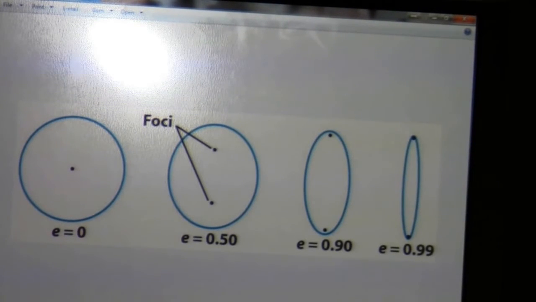Now these eccentricities, 0.5, 0.9, there's an equation for it. We don't need to know it. Just qualitatively, you can know it goes from 0, which is a circle, all the way up to 1, which is a very elongated ellipse. And the only thing that's changing is the separation of the foci.